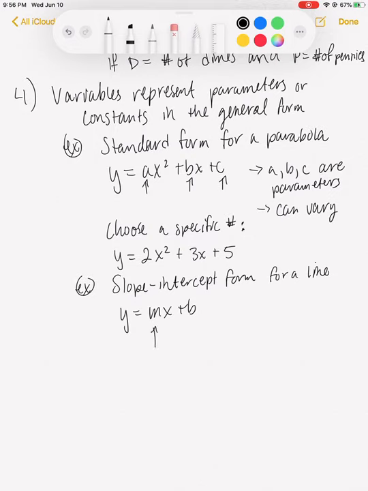The m and the b are parameters. Number 5. Variables represent algebraic structures.